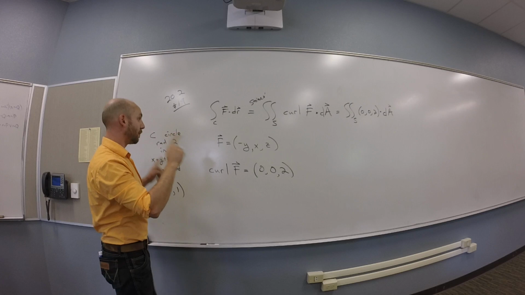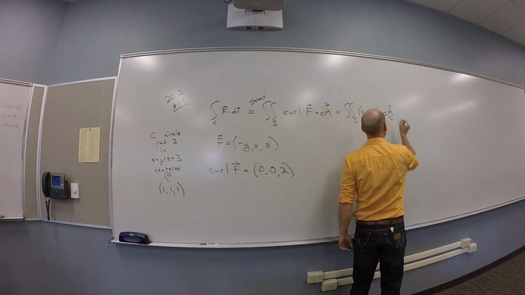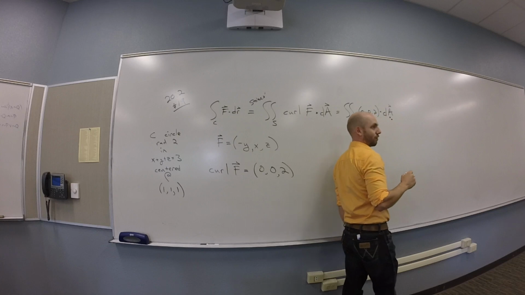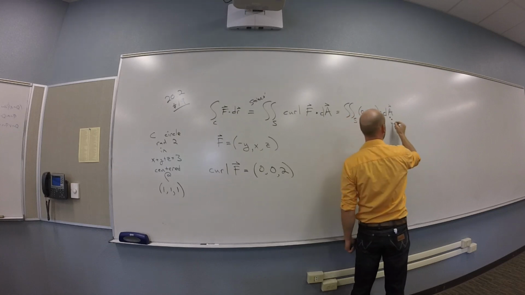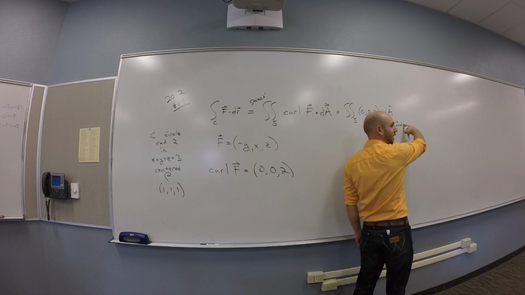So I'm going to look at dA, and think to myself, that thing is what? A normal vector on some sort of scale. It's a unit normal times, scalar multiplied, the area.